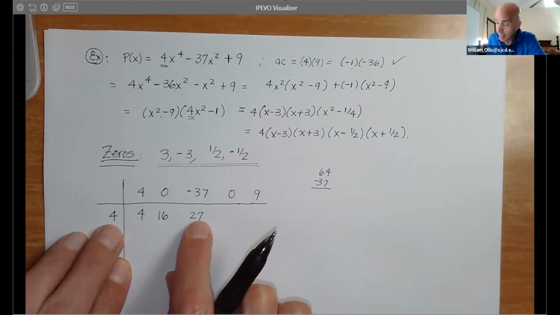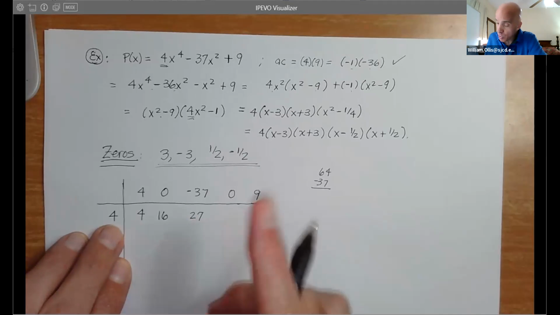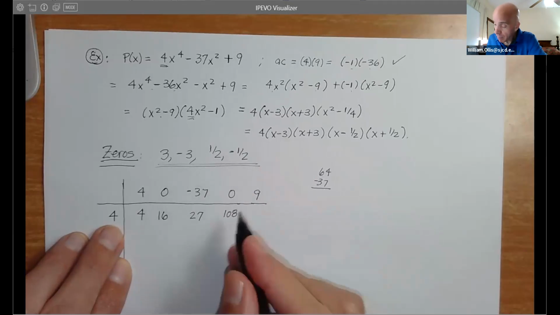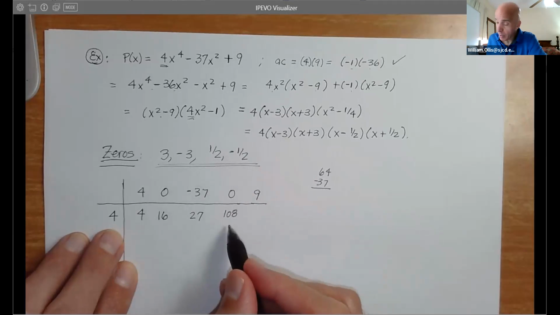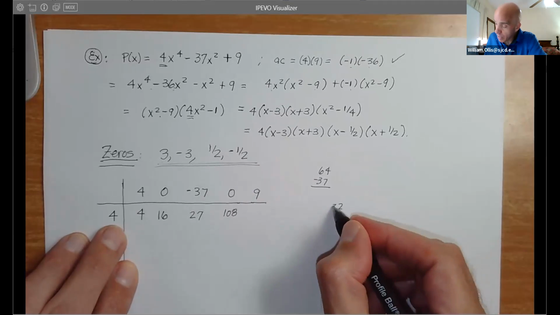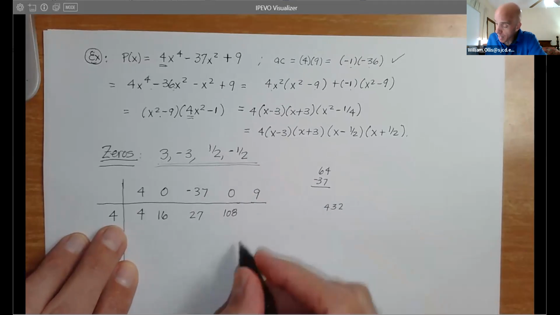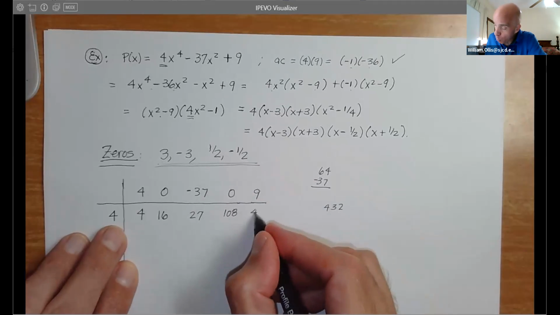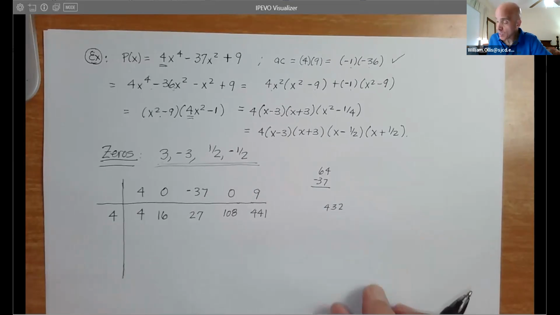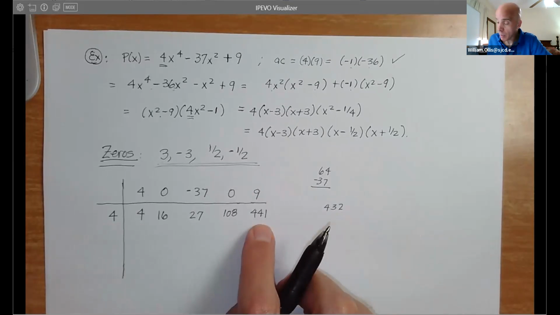So that's an 8 and a 2, so that's a 108, right? And well, it's looking pretty grim. And now 4 times 108, that's going to be a 432 plus a 9. So that's going to be a 441.